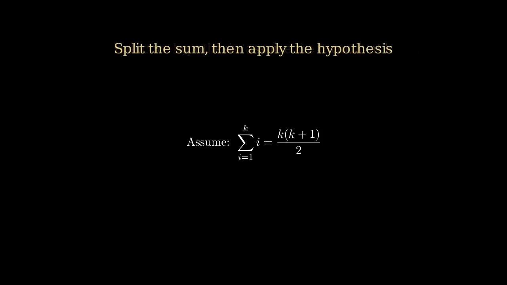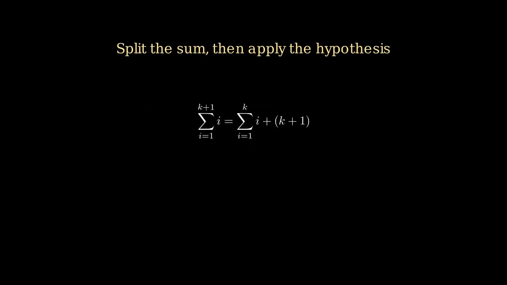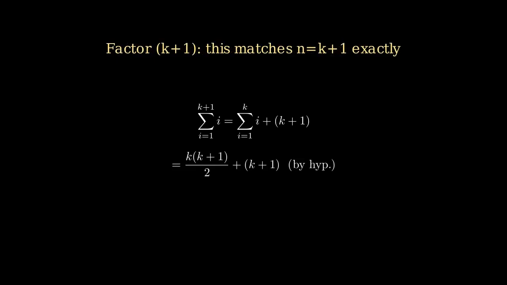Inductive step. Consider the sum up to k plus 1 instead. Split it into the sum up to k plus the one new final term, k plus 1. By the inductive hypothesis, this equals k times (k plus 1) divided by 2 plus (k plus 1). Now factor out the common term k plus 1.